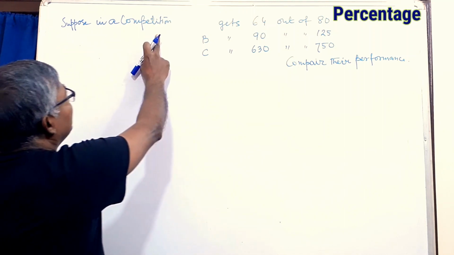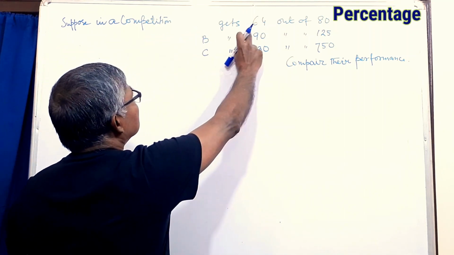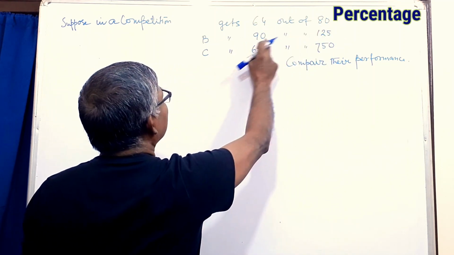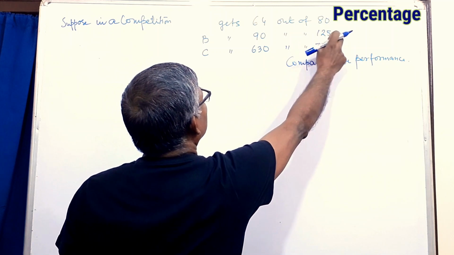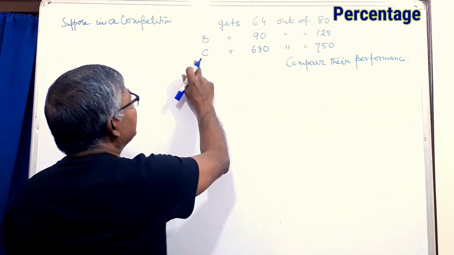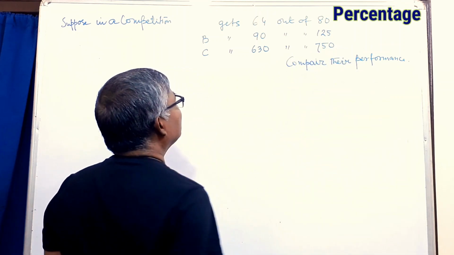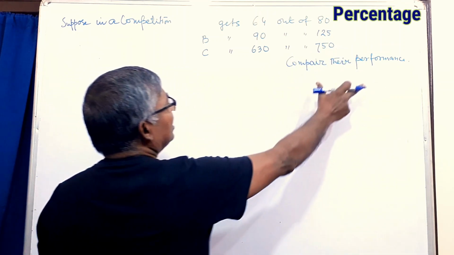Let us solve the problem. Suppose in a competition A gets 64 out of 80, B gets 90 out of 125 and C gets 630 out of 750. Now compare their performances.